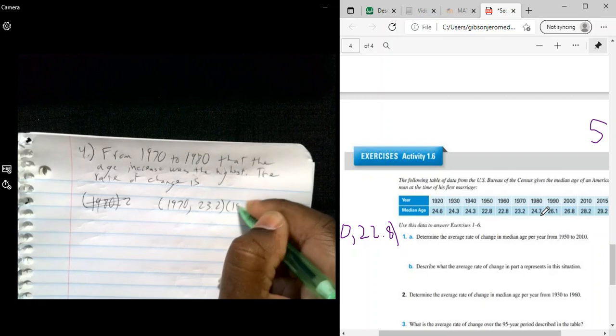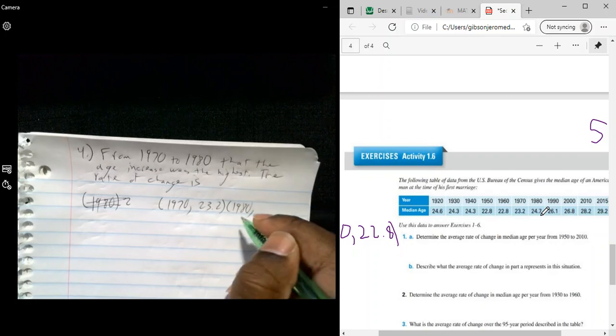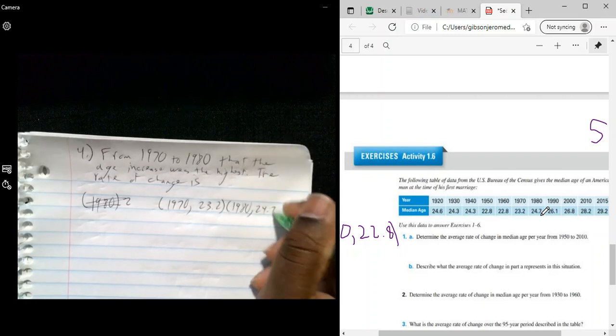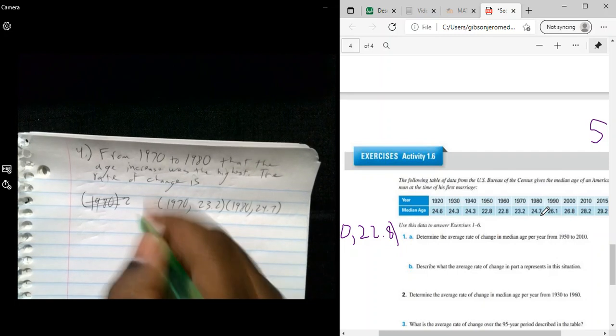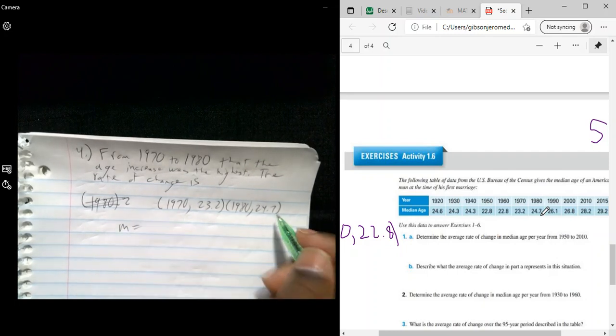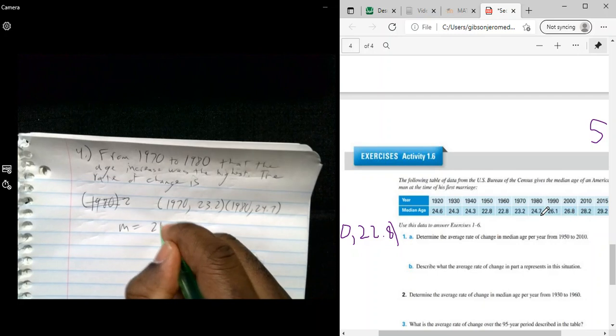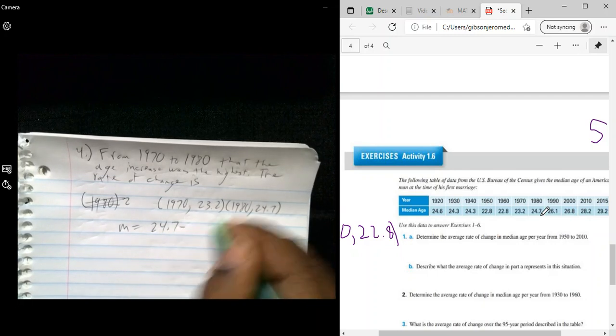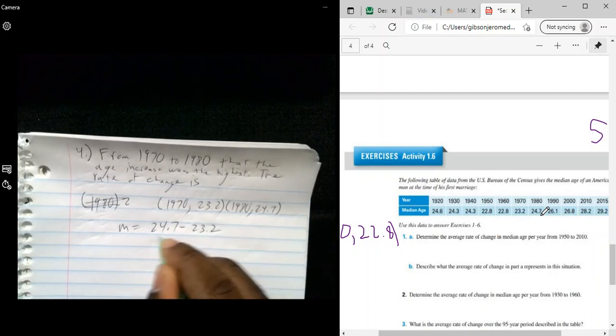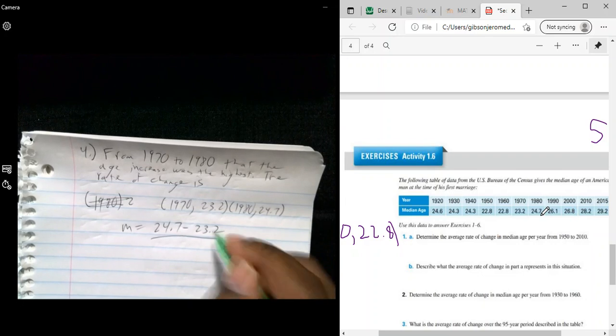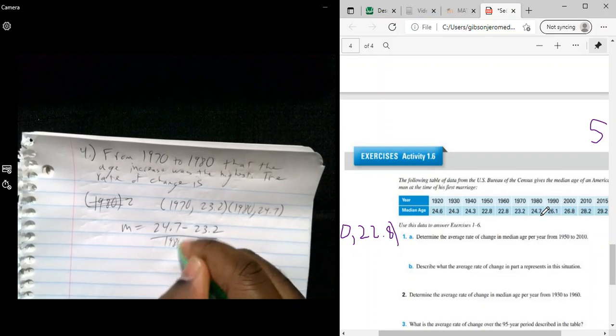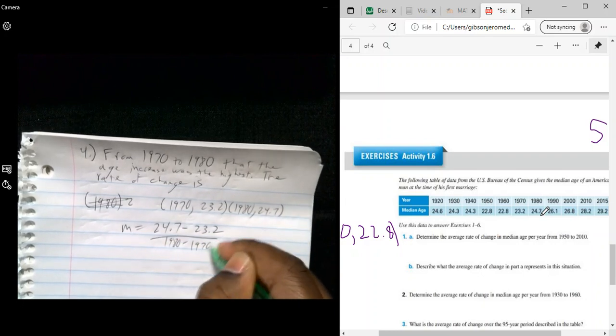You had 1980, and it would be 24.7. So when we're doing our slope, our y sub 2 is 24.7. Our y sub 1 is 23.2 divided by x sub 2 minus x sub 1.